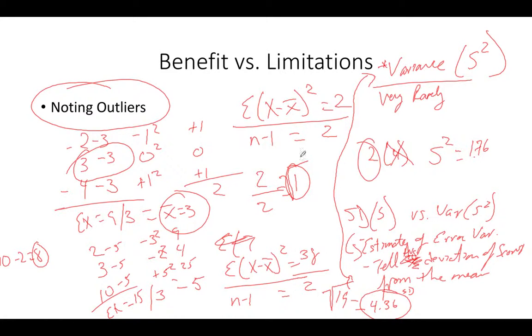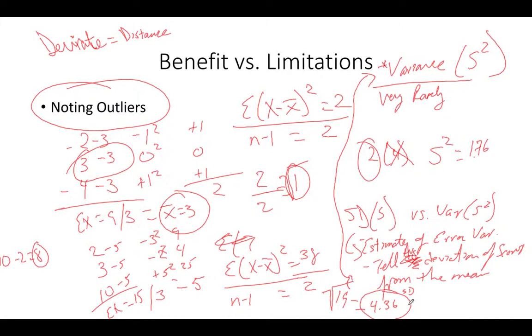So here, rather than saying that on average our scores deviate about one value away from our mean, now we're saying that on average, scores deviate about 4.36 values away from our mean. And again, remember that the term deviate essentially just means spread, so distance. That's what we're talking about here.